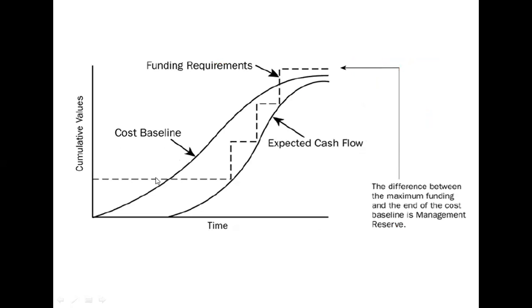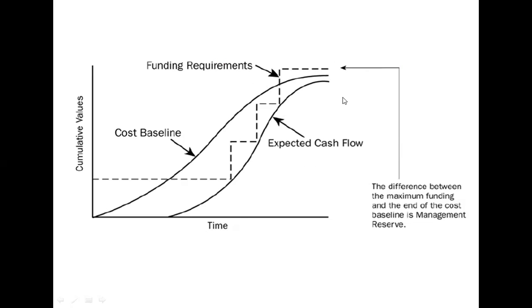So here you can see the cost baseline and we can draw the expected cash flow here from the sponsor side. So we can give them the funding requirements by looking at the expected cash flow and the cost baseline. So this expected cash flow and funding requirements all together, we can have a look at as time goes on.